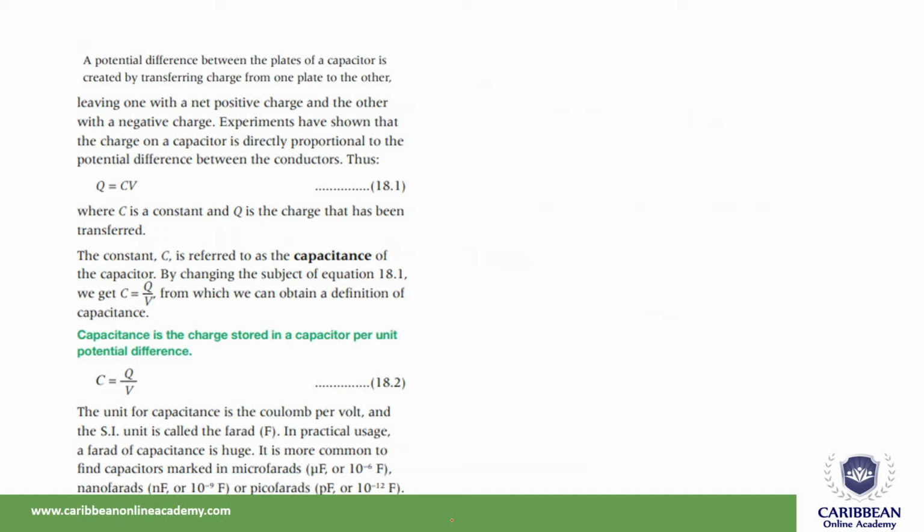Now, experiment has shown to us that the amount of charge on a capacitor is directly proportional to the potential difference across the conductors. So it tells us the more charge we place on the capacitor, the more potential difference will be set up across the capacitor.